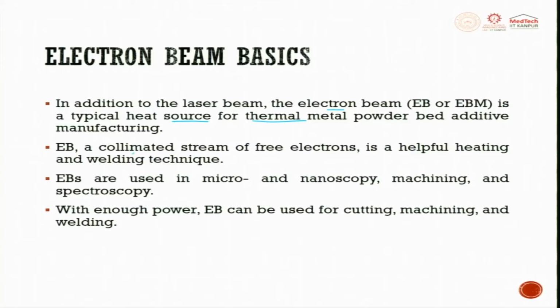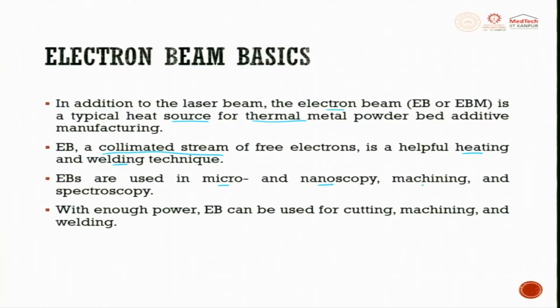Electron beam is collimated, like what we saw as coherent. So, here we see a collimated stream of free electrons focused on a small spot for doing heating operation or welding operation. Electron beams are nowadays used for microscopy and nanoscopy.